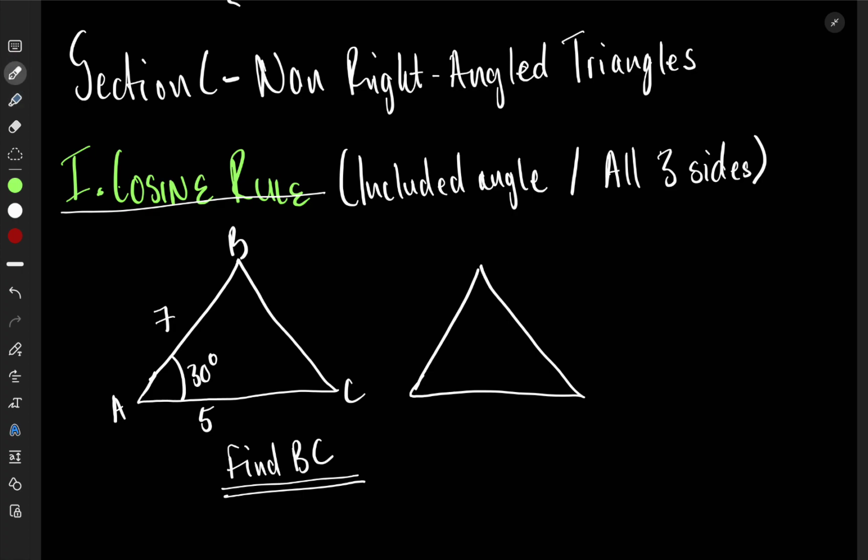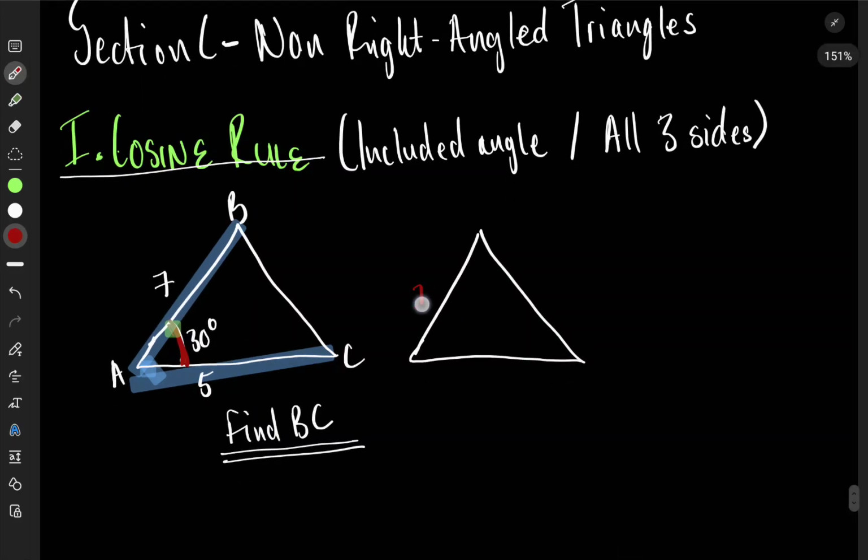An included angle is an angle that is sitting inside two sides that you know. We know this side is 7, we know this side is 5, so these two sides that we know are making this angle here. So this angle 30 degrees is sitting inside 7 and 5. So that is an included angle.